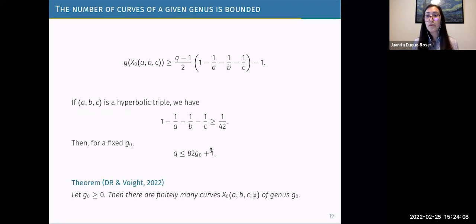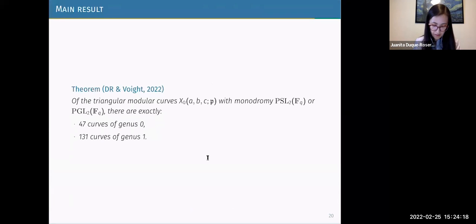So now we know that there are finitely many, and we would like to enumerate them. That's what we do. We enumerate all the triangular modular curves that look like that using the genus formula and some bounds that we get.